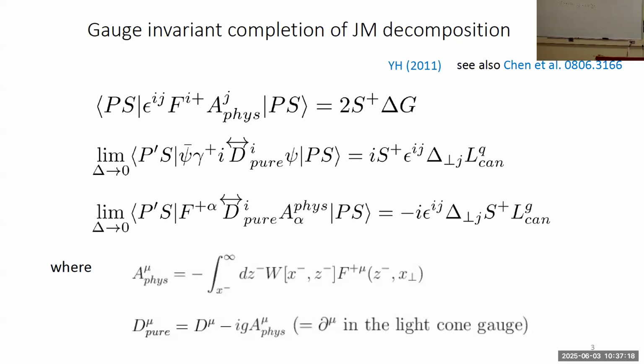Yesterday I told you that in the Jaffe-Manohar decomposition, quark and gluon orbital angular momentum is not gauge invariant, but one can actually promote it to a gauge invariant form. And there was lots of controversy over this around 2008, 2009, which was triggered by a paper by the Chinese group, Chen et al.